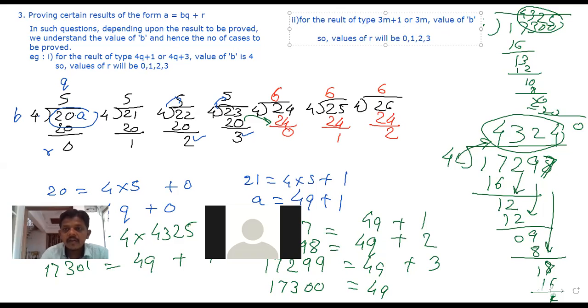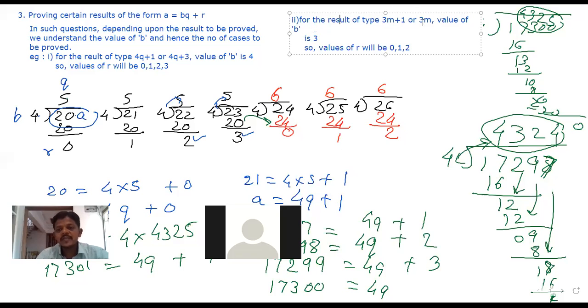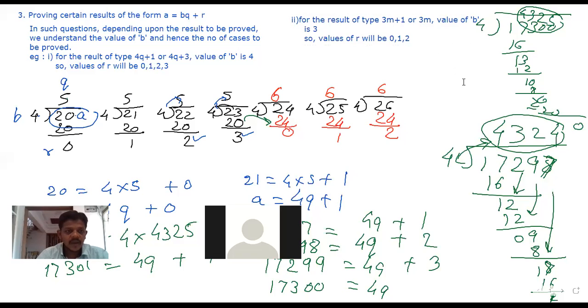And if b is 3, what will be r? 0, 1, 2. For b equal to 3, r is 0, 1, 2. R is always 1 less than b. B is 3, so r will go till 2. Am I right? Now, how to prove these results? That we will see.